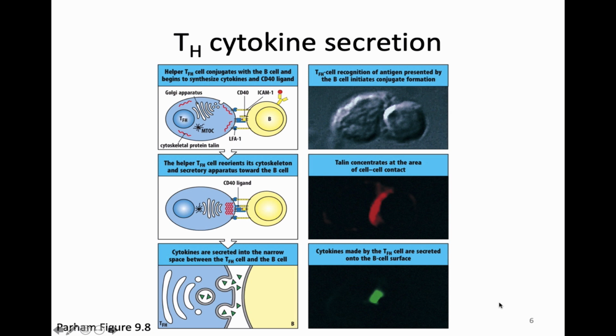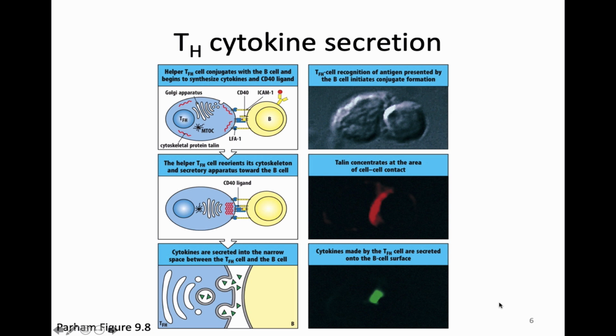So when those T cells interact with some other cell type, in this case you see one type of T cell in blue interacting with a B cell, that T cell is going to perform directional secretion and have cytokines that are actually preformed in the cell in granules that can be secreted directly towards the other cell to influence the activity of the other cell.